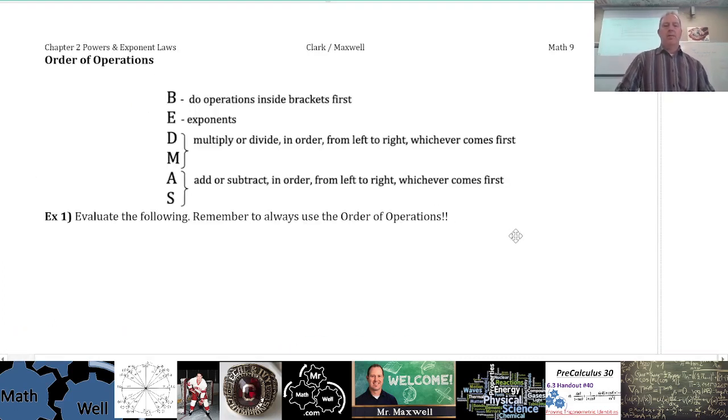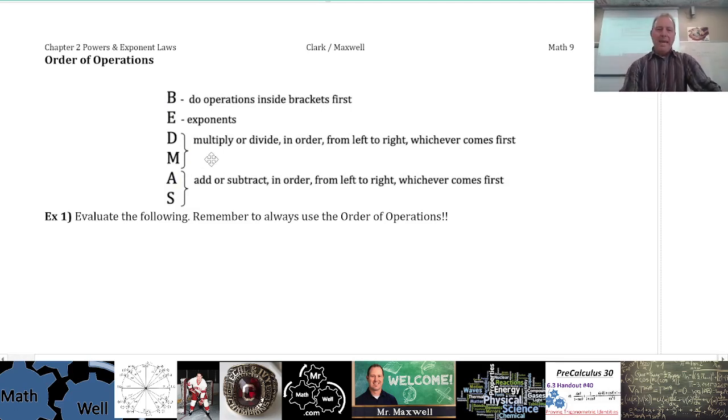All right, let's talk about order of operations. Back to the main part of this lesson, if we have a string of operations to do, then we have to choose which ones we actually do first. We can't always just go from left to right. So BEDMAS is the indication of how we move through this string of operations.